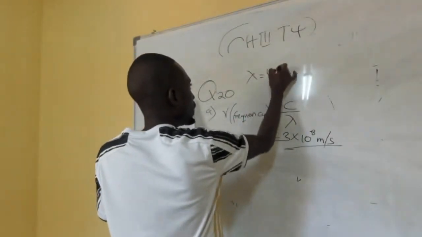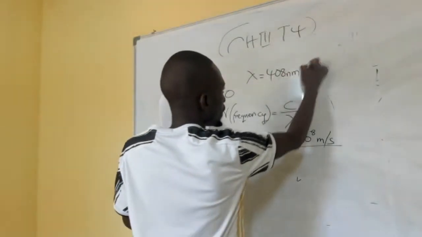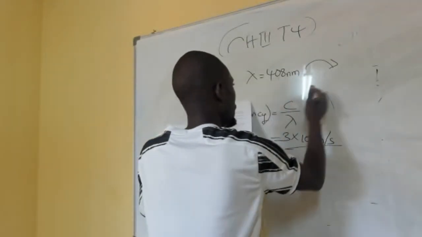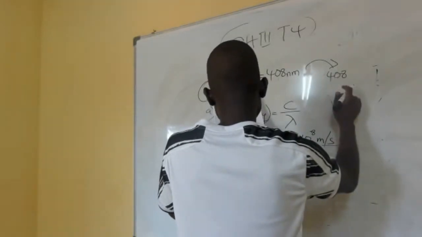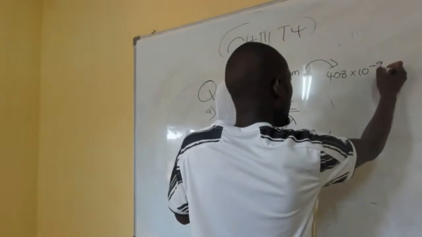Because the wavelength was given as 408 nanometer, we convert to meters: 408 times 10 to the power negative 9 m.